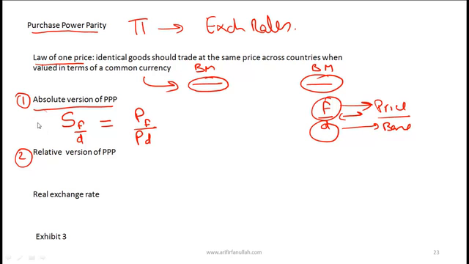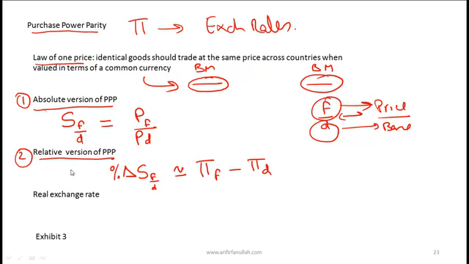A somewhat improved version of purchasing power parity is the relative version of purchasing power parity, which focuses on inflation differentials. So according to the relative version of purchasing power parity, the percentage change in exchange rate, again expressed as foreign divided by domestic currency, is approximately given by the inflation level in the foreign currency minus the inflation level in the domestic currency.